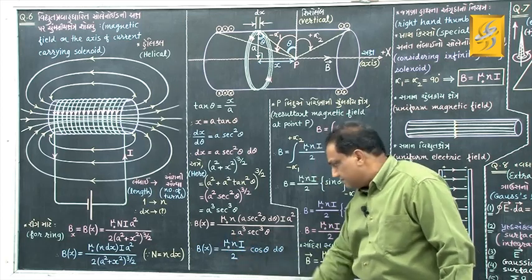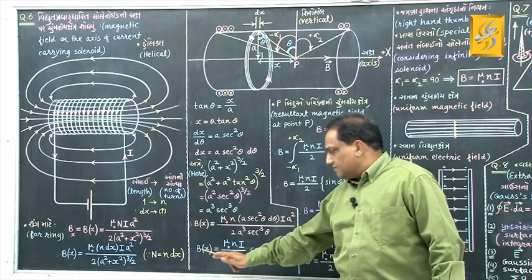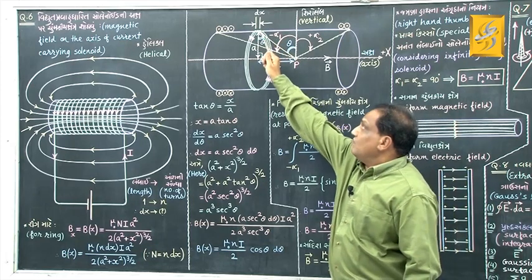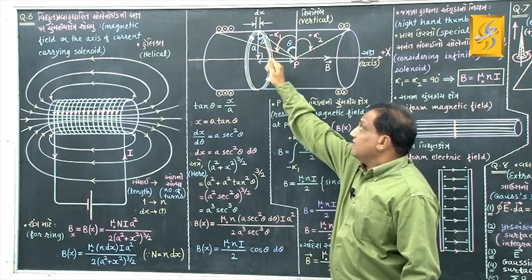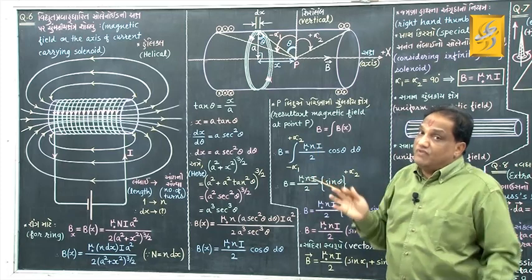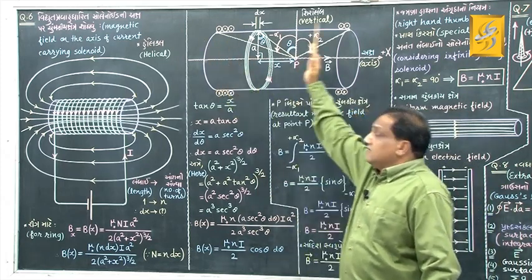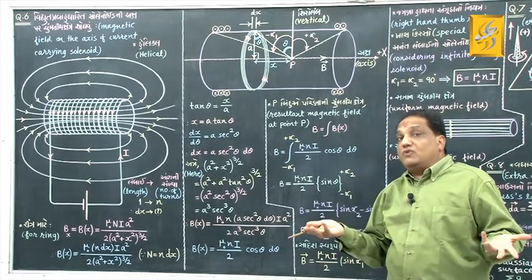Got it? Fine. Now this much will be the magnetic field at this point due to only one such considered ring. But then we want resultant magnetic field at the same point due to entire solenoid. For that what you can do?